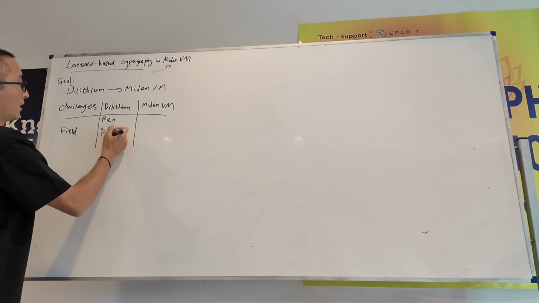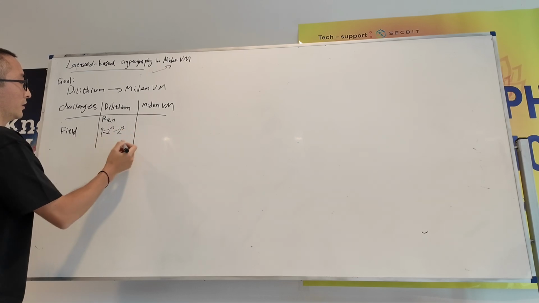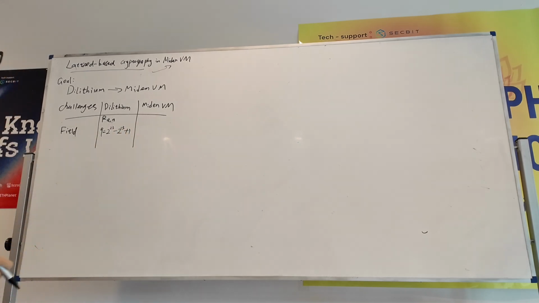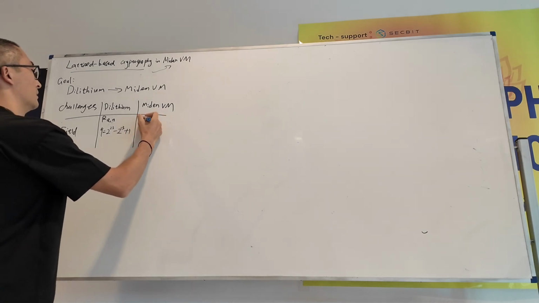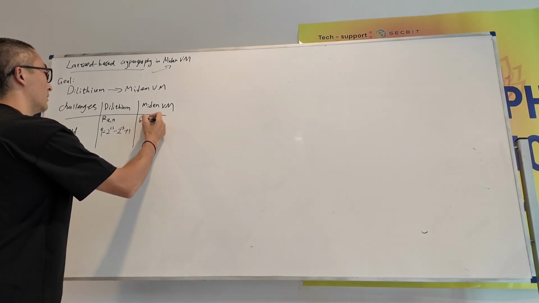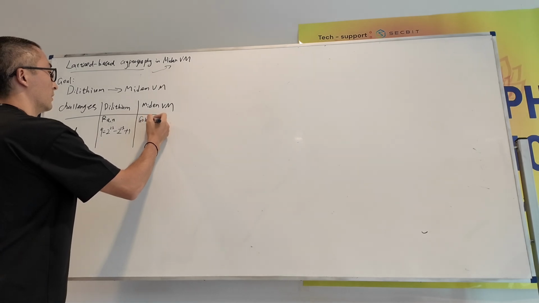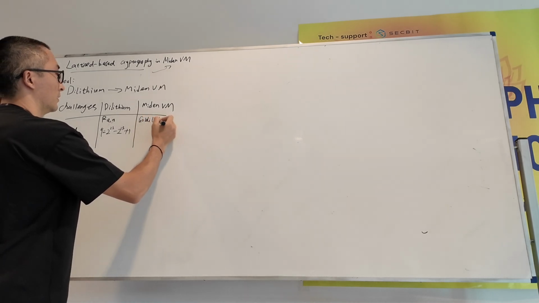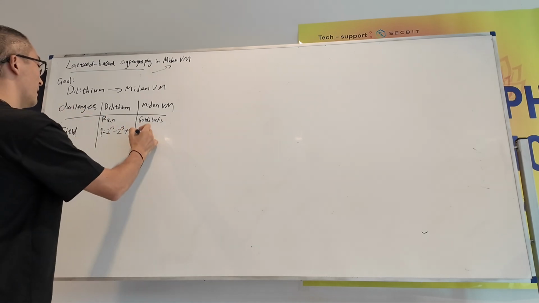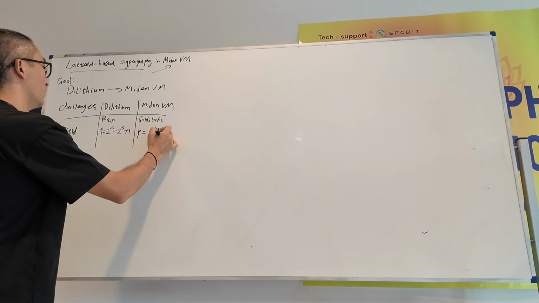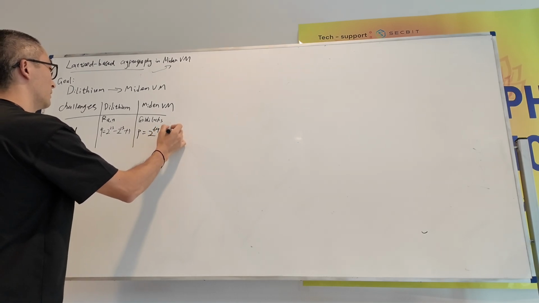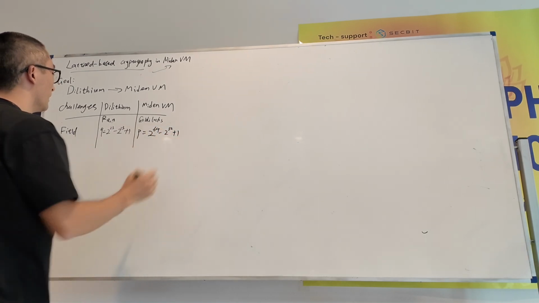The value here is 2 to the 23 minus 2 to the 13 plus 1. And the Miden VM uses Goldilocks. So this parameter is P equals 2 to the 64 minus 2 to the 32 plus 1.